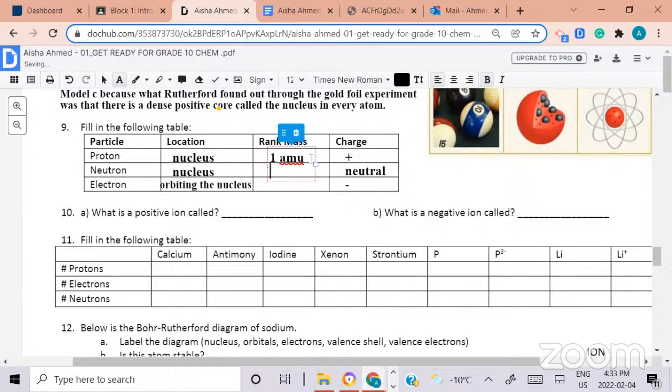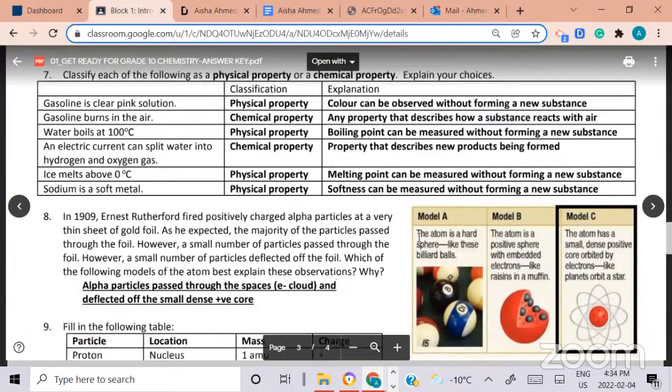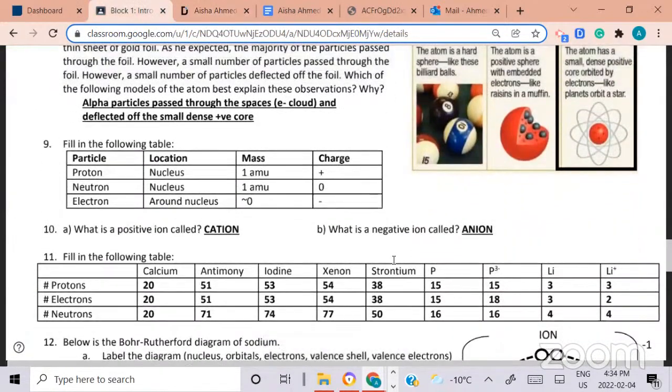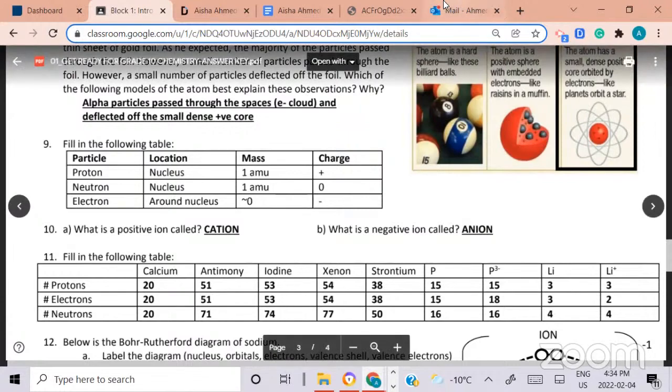I think a neutron is also one atomic mass unit. And an electron has a really small mass, which I don't remember. Okay, check the answers. Aha, about 0.